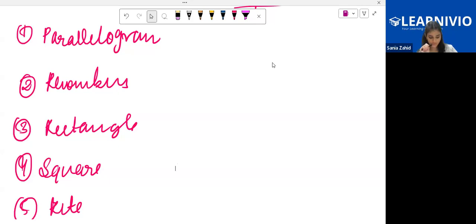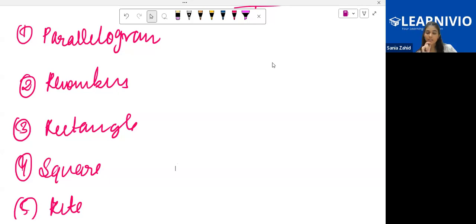Next, Marcel, rectangle. All properties of a parallelogram. What about angles? Opposite angles are also equal. Okay, they are equal, but in a rectangle we clearly know the measure of the angle.